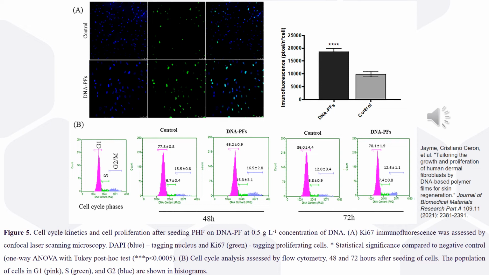This information means to us that DNA at this concentration was able to shield against oxidative stress during the cell proliferation. And in our study, we can think this is the better condition to apply.